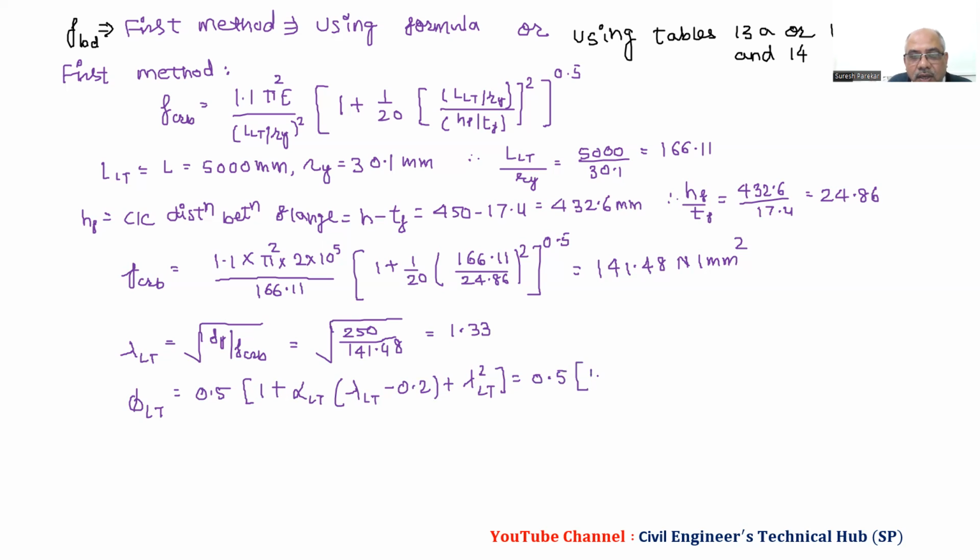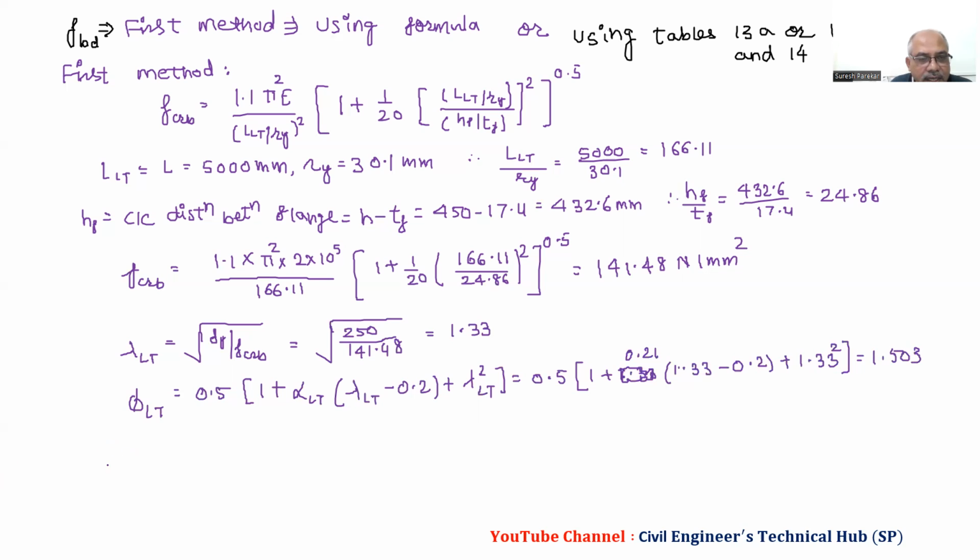Alpha LT, we have already taken, we have 0.21. This already we have mentioned for rolled section. Lambda LT is 1.33 minus 0.2 plus 1.33 square. And from this we will get the value of phi LT 1.503.